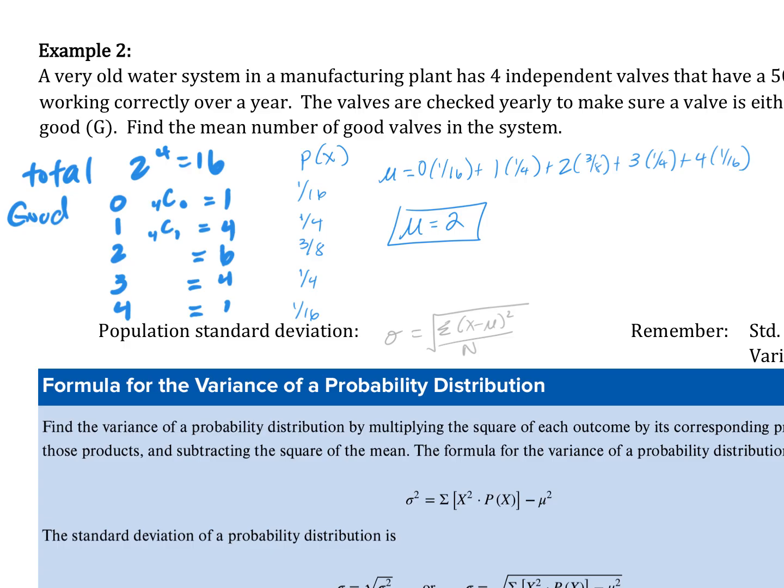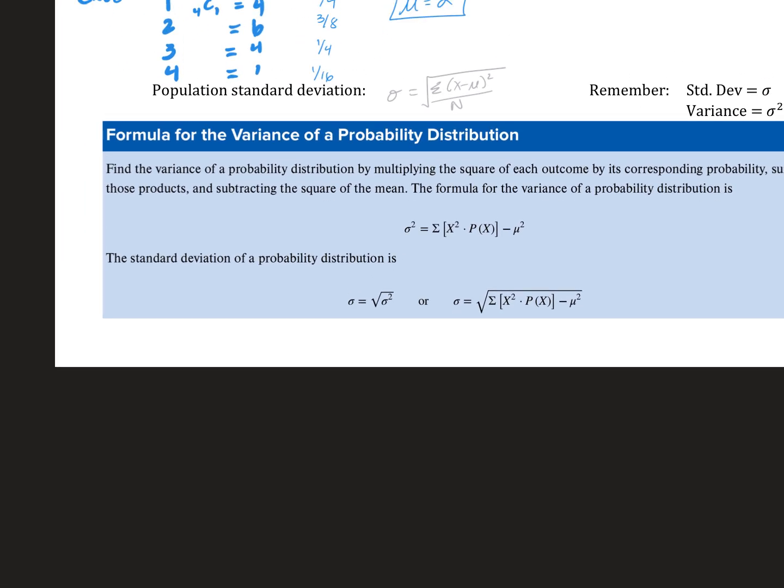All right, so that's normal standard deviation. For a probability distribution, it is a little different. To find mean, you take the x, multiply by the probability, and then add up all those values. To find the variance, so remember variance is squared, then take the square root to find standard deviation. To find the variance, you're going to square the x value, multiply by the probability, add all those up, and then subtract the mean squared.